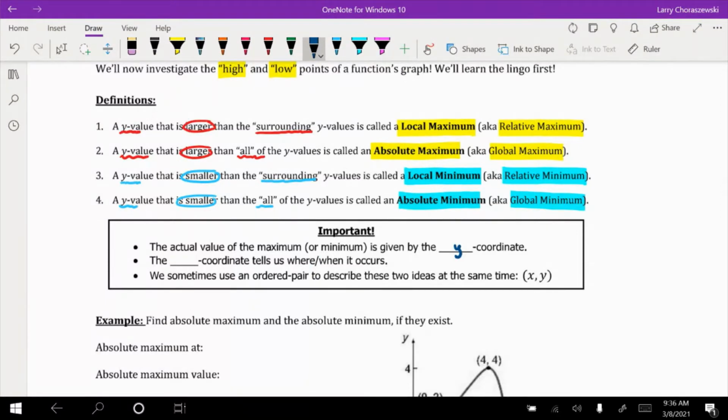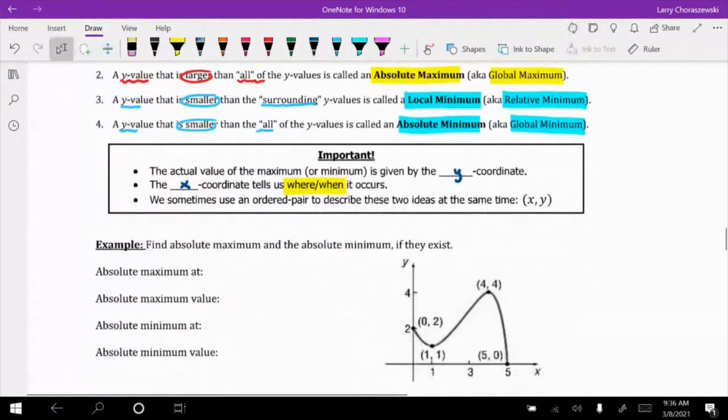Any part of a question that's asking you for when or where a maximum or minimum occurs is going to be given by the x-coordinate. And in a lot of cases, you can report both of these values at the same time just by using the ordered pair associated with the high or low point.